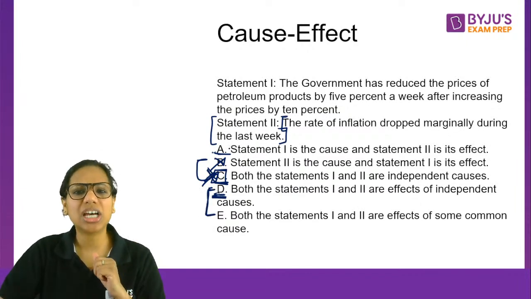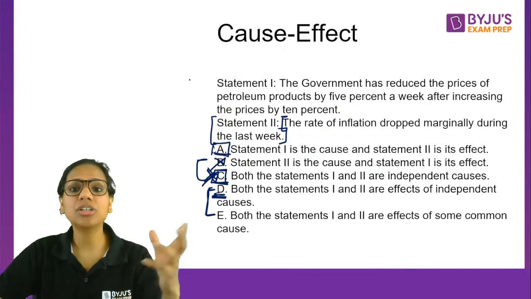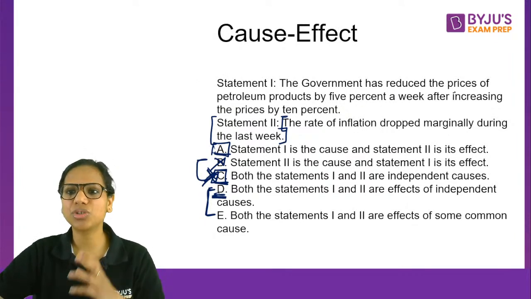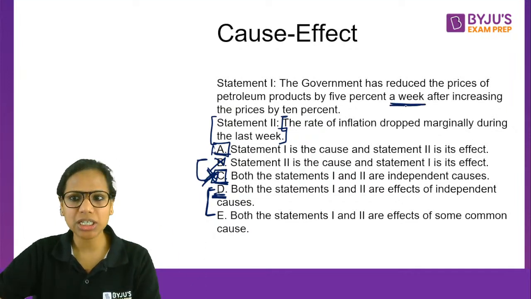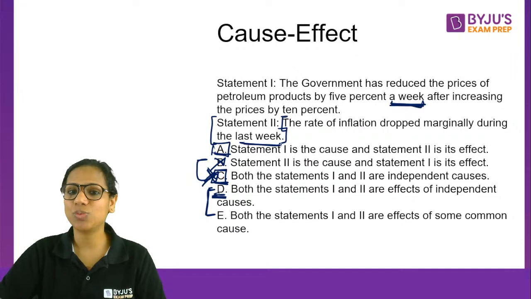Why is A not the answer? In fact, I thought that students will get confused with A, because I'm saying the government has reduced the prices of petroleum products by 5% a week after increasing the prices by 10%. Okay, so a week, I'm saying. I am not talking about the last week in statement 1, right?